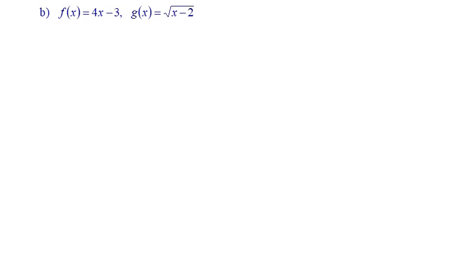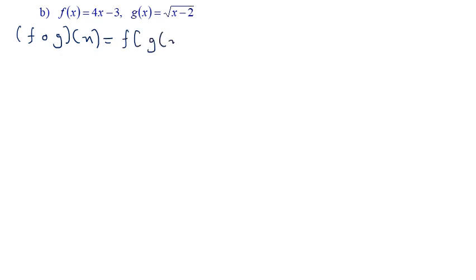Next, for B, given function f and g as shown, as usual you need to find out composite function fg and gf. So first for fg, as I said, you can rewrite as f of g.